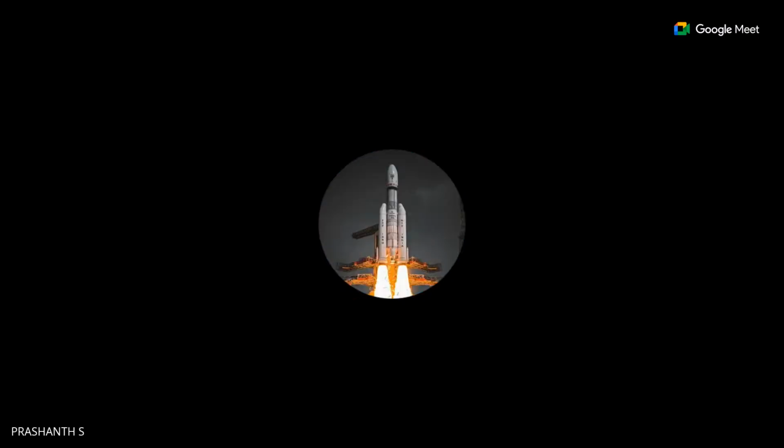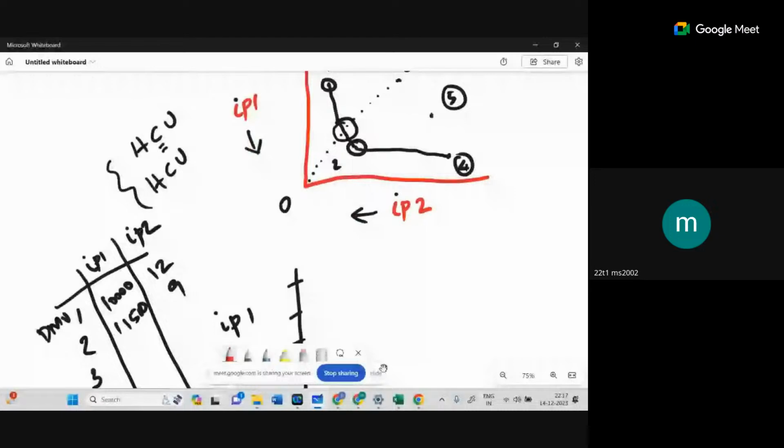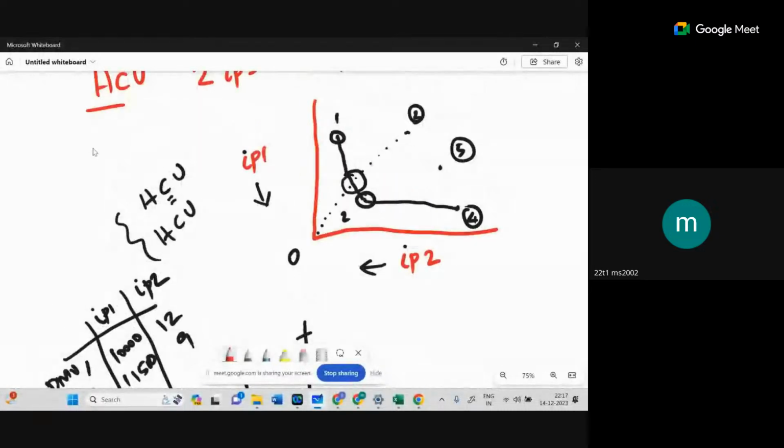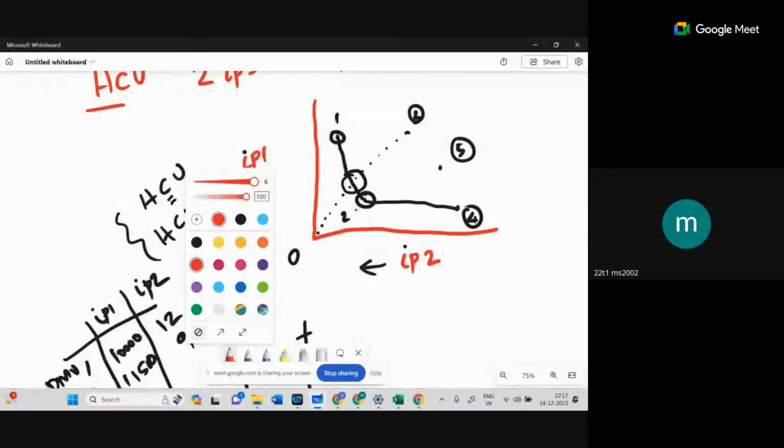Sir, while finding the HCU, why do we join from the origin, sir? Okay, so what are the other ways to join the efficiency frontier? You can go horizontally, you can go vertically. Let me share and show you. The question is, why are we joining from the origin?